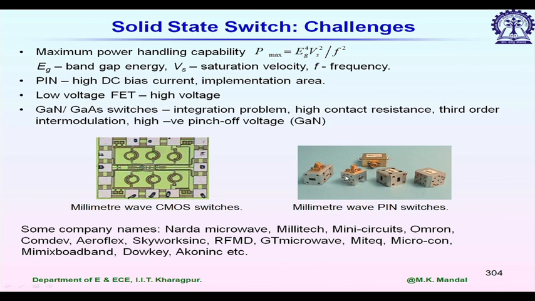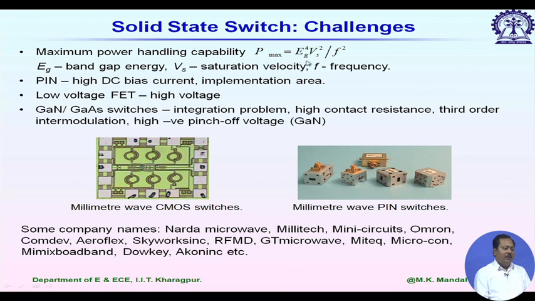Now, what are the challenges associated with electronic switches? So, the first example is maximum power handling capability. P max can be given by E g to the power 4 into V s square by F square, where E g is the band gap energy. So, the higher the band gap energy, the higher the maximum power handling capability.